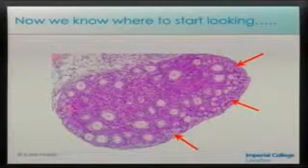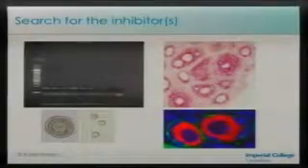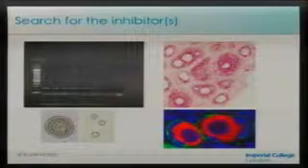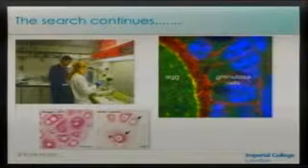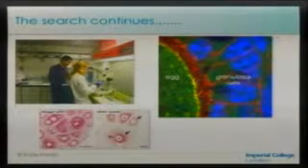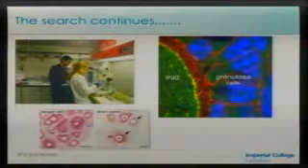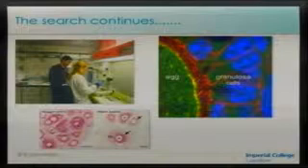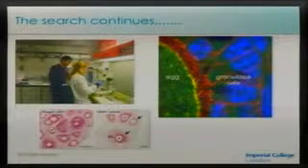So now we knew where to start looking, and this is really informing our current research, which is very much focusing on the mouse ovary and what regulates the development. And we're searching for inhibitors using these natty techniques that we're developing. And the search continues. I now have 2 fantastic postdocs in the lab who are in the audience, Mark Fenwick and Jossie Mora.